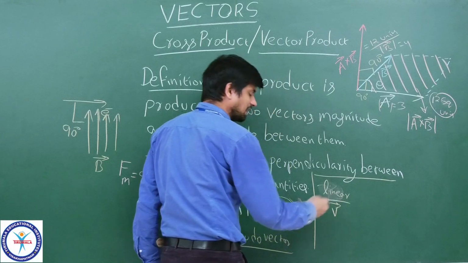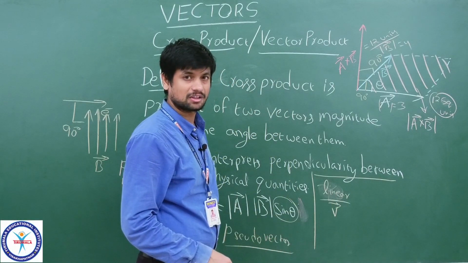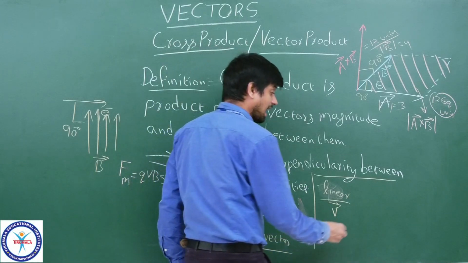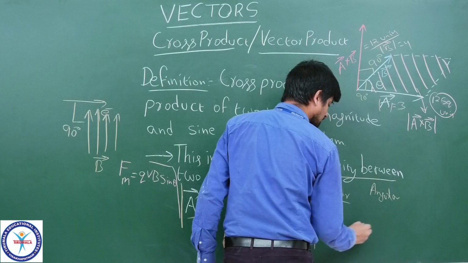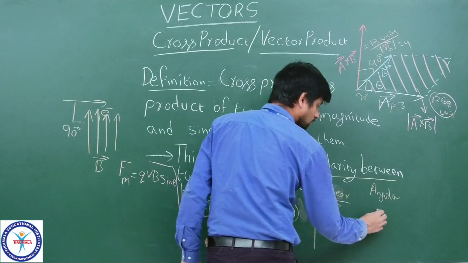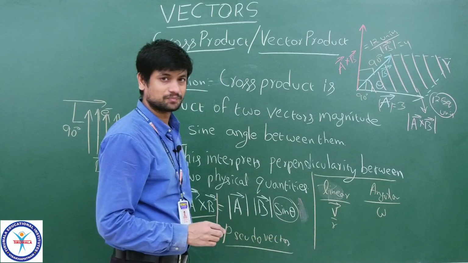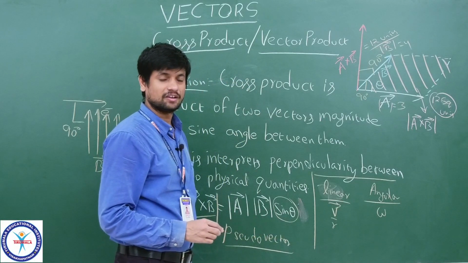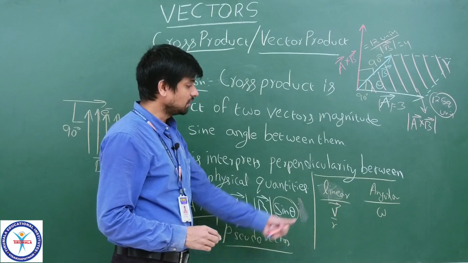V. If you multiply or divide with R, you will get the angular velocity. So V by R equals omega. Did you understand? V by R equals omega. In that way we can write.